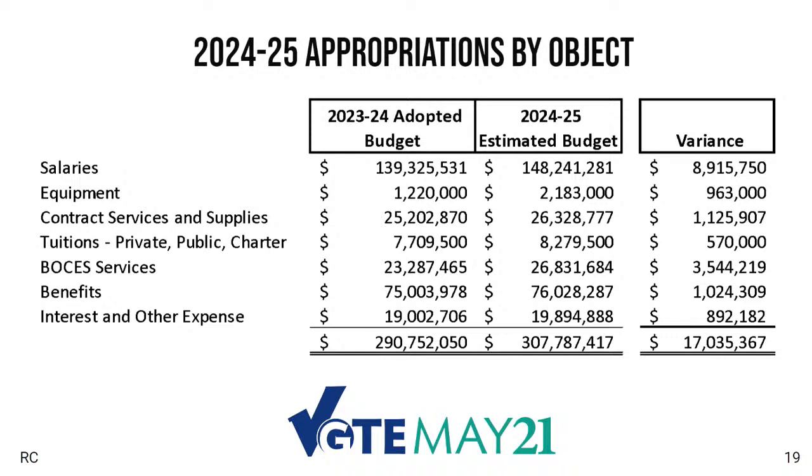And one of the caveats, or rules, that the state has is you can put money in equipment and have it approved, and you can always take it out and move it elsewhere, but you can't add money to the equipment line once the budget's been approved by residents. So in past years, we've approved $1 million. Lo and behold, the truck we thought was going to be $80,000 is $150,000.